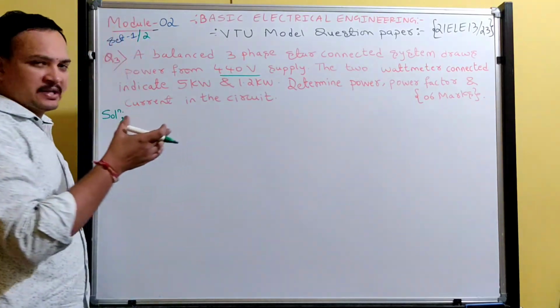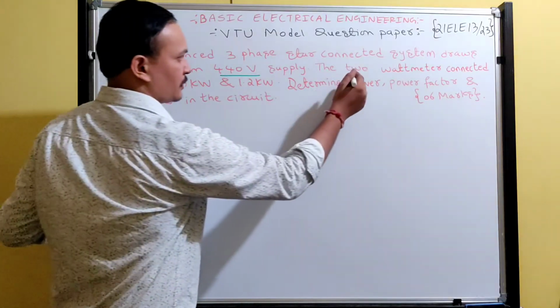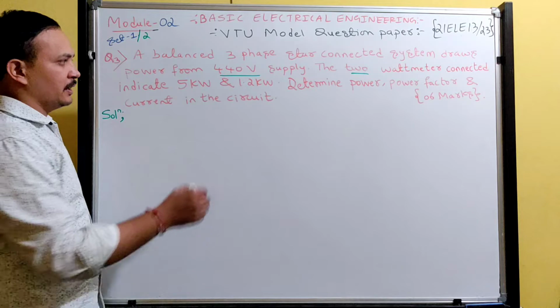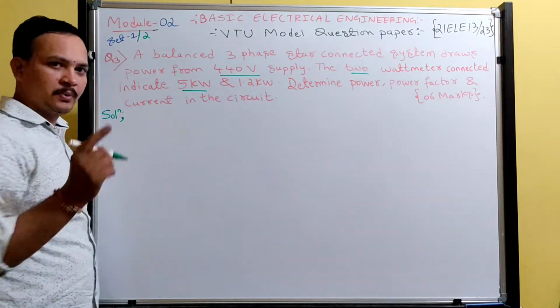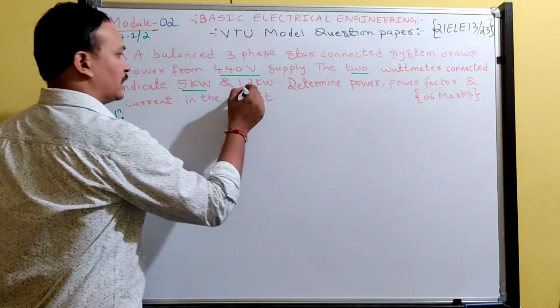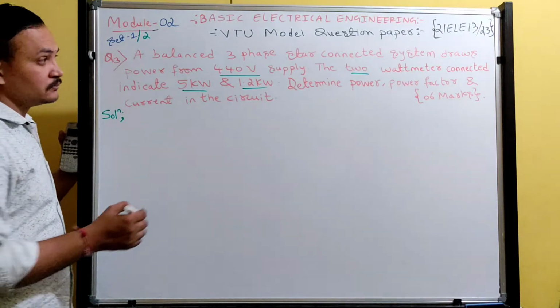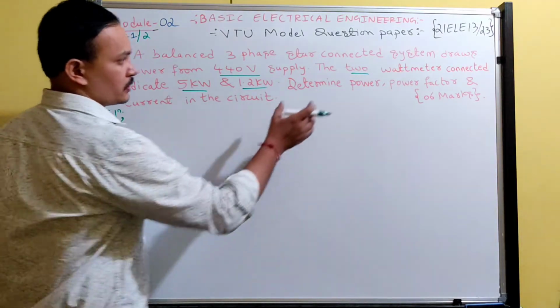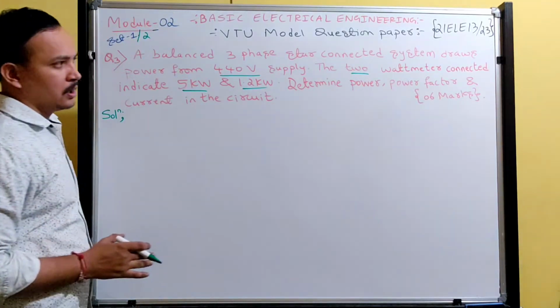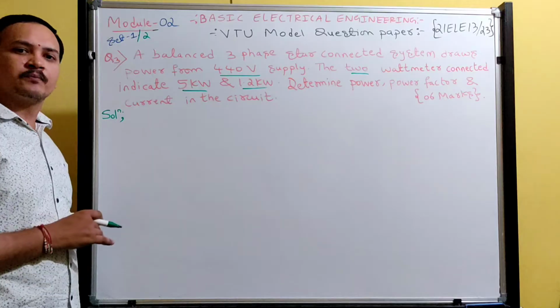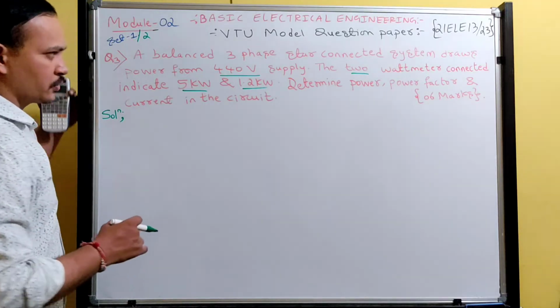To measure that power, 2 wattmeters are connected. One wattmeter shows 5 kilowatt, the other wattmeter shows 1.2 kilowatt. With this data, you have to determine the power factor and the current in the circuit. So this is the question.